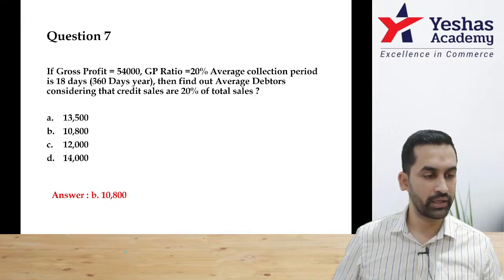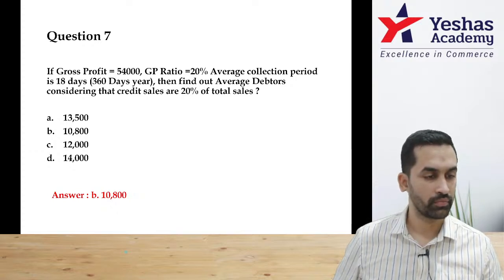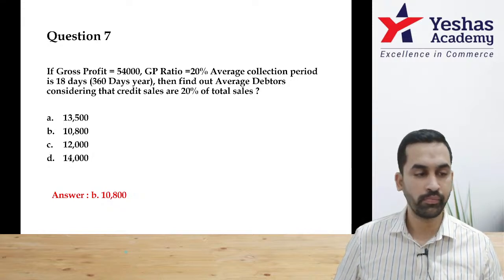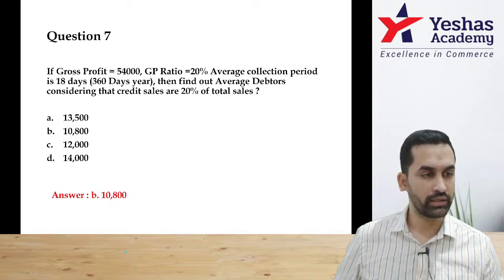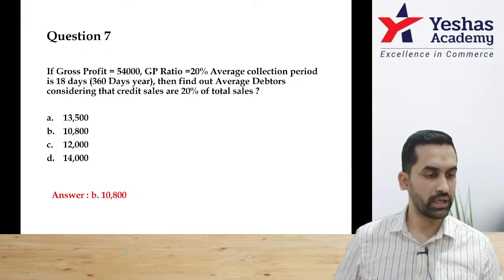Looks like it is 10,800. I will wait. No urgency. Now I can see many students are sending 10,800. Swati, Chetan, Chiru, Monica, Praveen Kumar, Chaitra. Good. B is the answer.